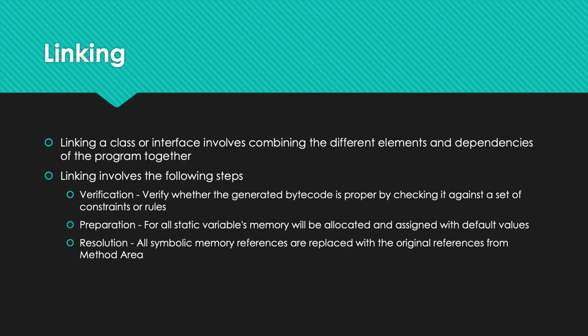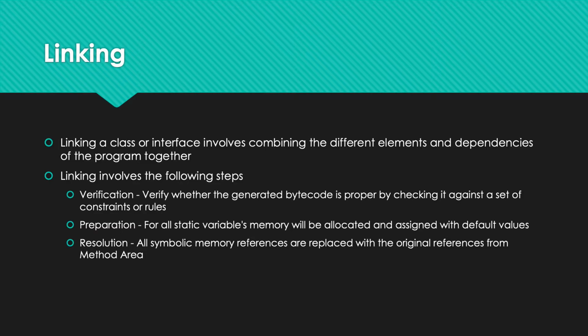First one is verification. In this phase, the JVM checks if the generated bytecode is proper, and runs it through some validations to make sure it's a valid class file. So it basically runs it through a set of rules and constraints to check if it's valid or not.